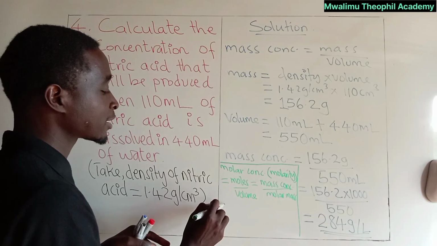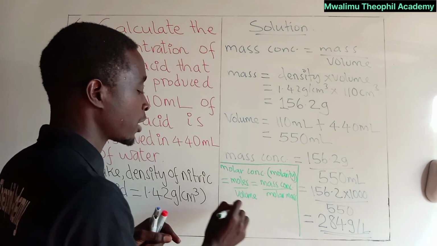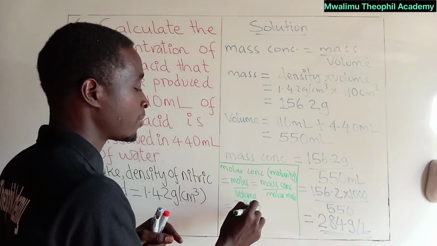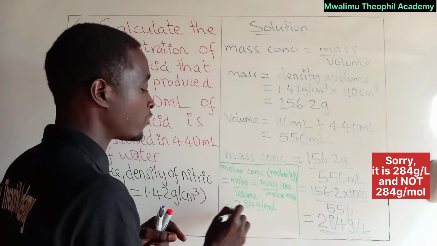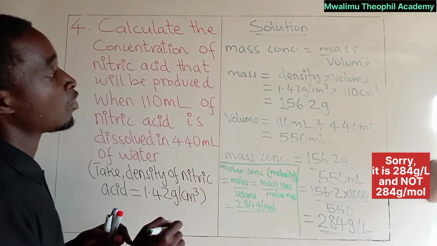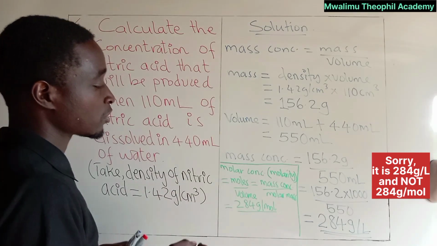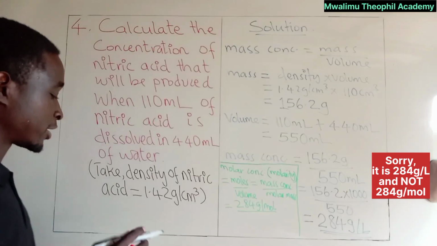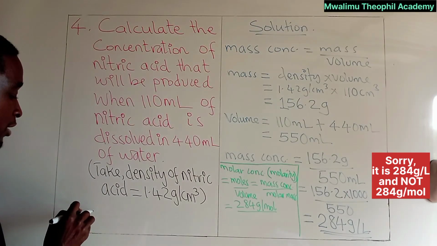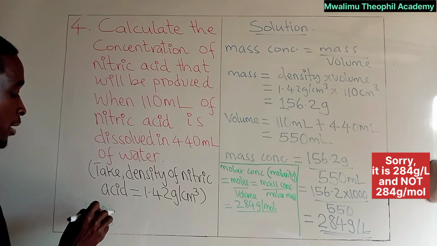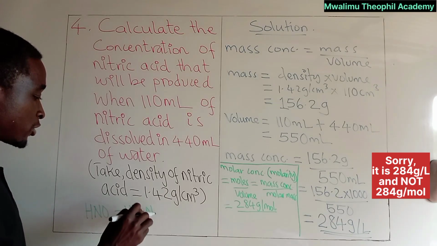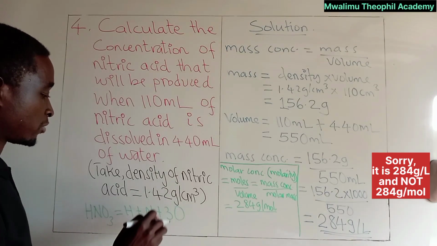Now, the molarity, which is molar concentration, will be equal to the mass concentration, which is 284 gram per liter, over the molar mass of nitric acid. What is the molar mass of nitric acid? The molar mass of nitric acid, we have 1 hydrogen atom plus 1 nitrogen atom plus 3 atoms of oxygen.